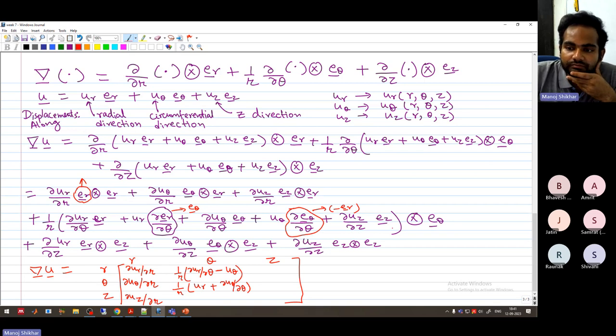And for the last column, we have del UZ upon del theta. Why am I making this mistake again and again? So here it will be del UZ del theta, and there will be 1 by R multiplied here. Okay.